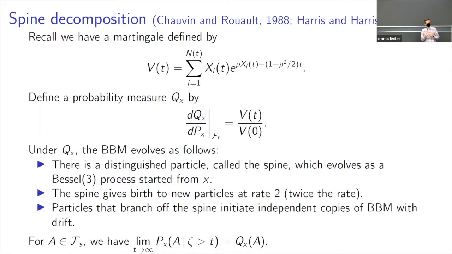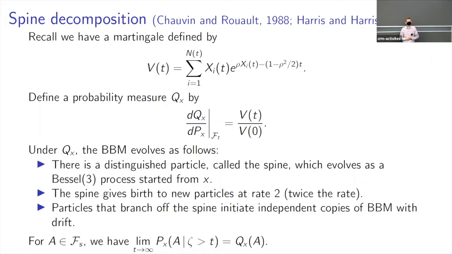And it can also be interpreted as 1-dimensional Brownian motion conditioned to avoid the origin. So in particular, this spine particle never gets killed at the origin, and instead it survives forever. The spine gives birth to new particles at rate 2. That's twice the rate of ordinary particles. And then particles that branch off the spine behave exactly like ordinary particles. They just initiate new copies of branching Brownian motion with drift.